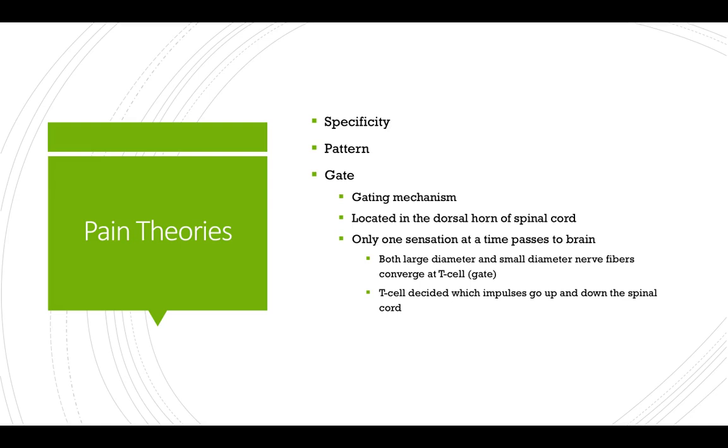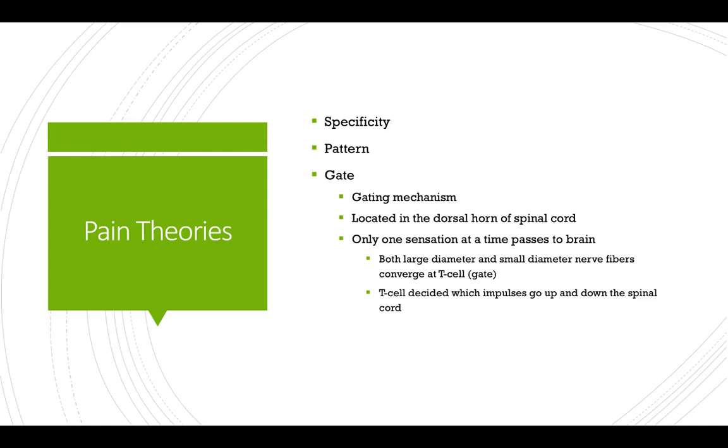So we have multiple afferents. We have the A betas, the A alphas, the Bs, the Cs, A deltas, all those coming in, and how they reach what we call the T cell, or this gate, determines which signal gets to go up to the brain. Now we know all those signals tend to, at some point, get some signal up to the brain, but again, for our understanding, it's just easier to think that one signal is going to get up.